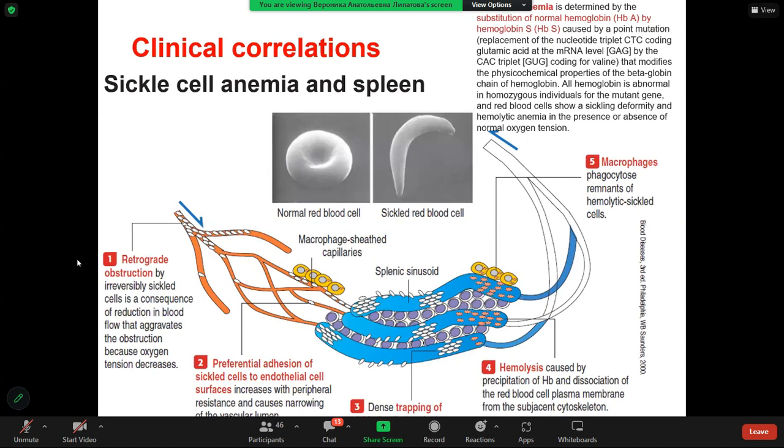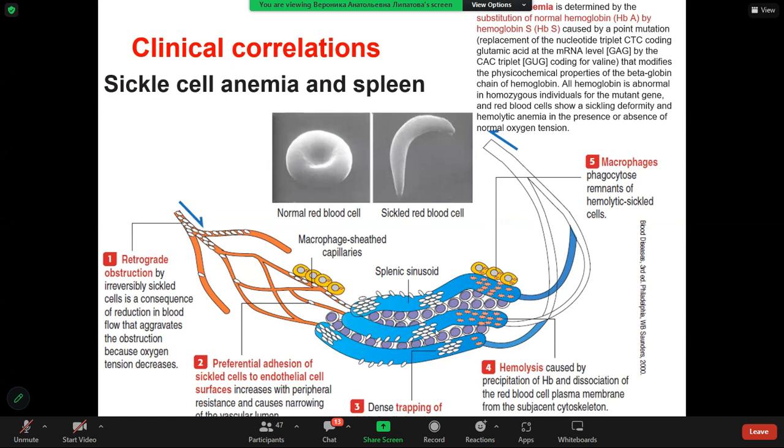That's why here retrograde obstruction by irreversibly sickled cells in consequence of reduction of blood flow aggravates the obstruction because oxygen tension decreases. After this, preferential adhesion of sickle cells to endothelial cells increases peripheral resistance and causes narrowing of the vascular lumen.